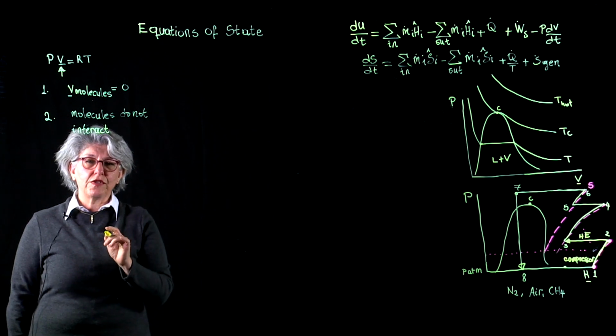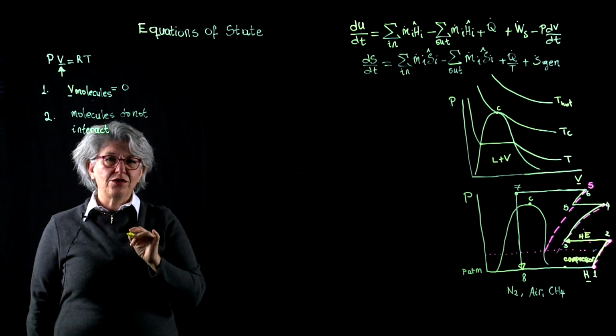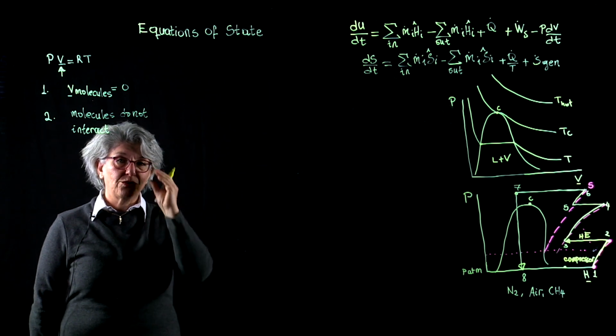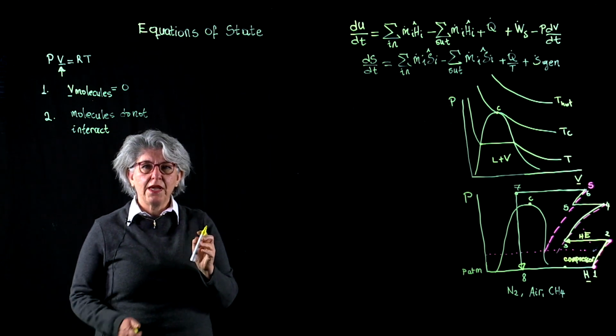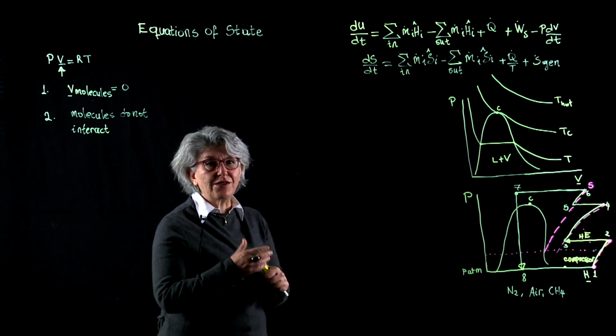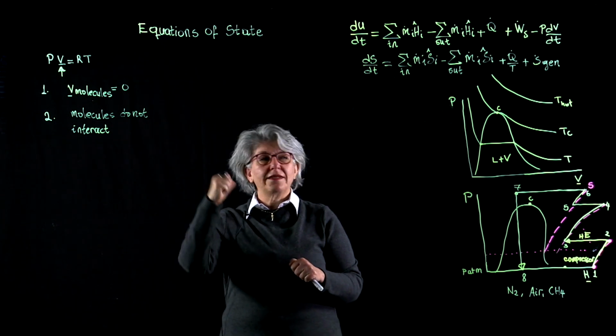Let us remove those assumptions and arrive at a general equation of state, which is going to guide us in understanding the behavior of the real fluids. But first, let's establish the necessity for trying to find an equation of state as such.